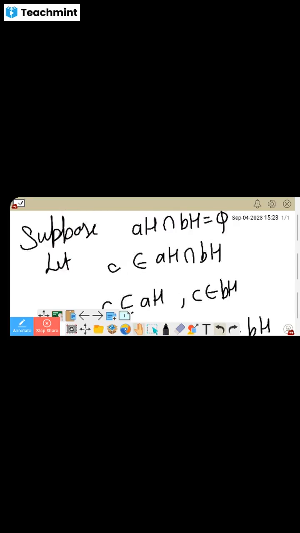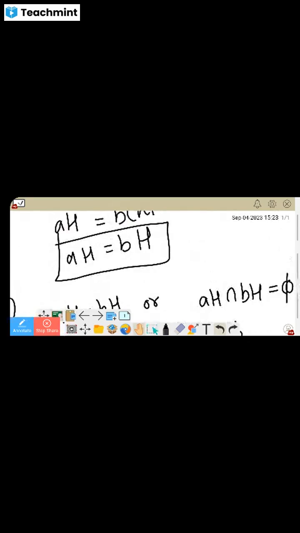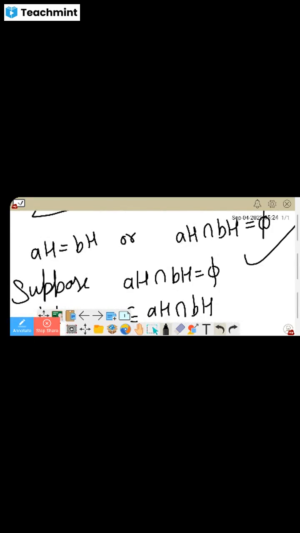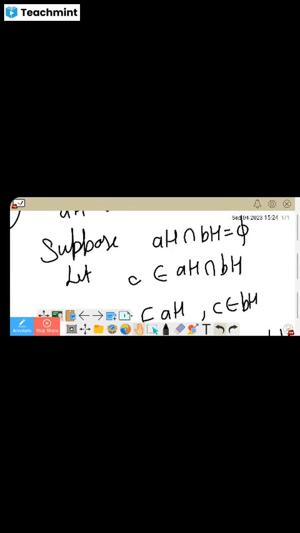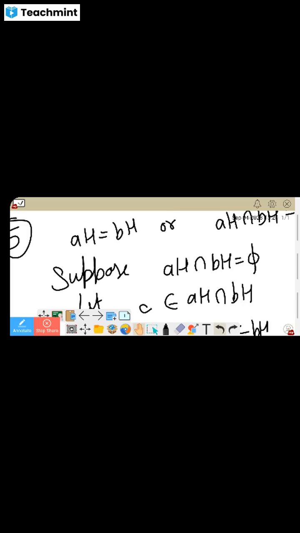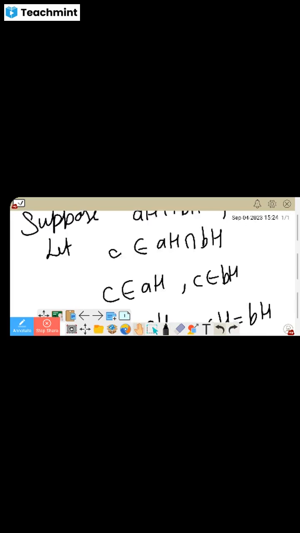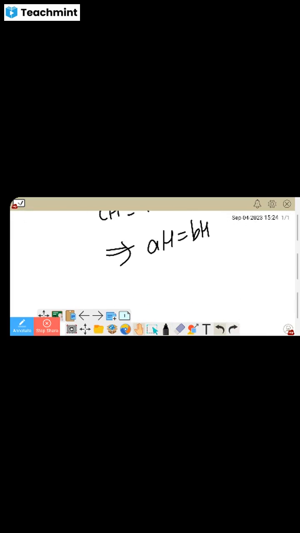So we started with the second condition, and we showed here this first. From this we are proving this.